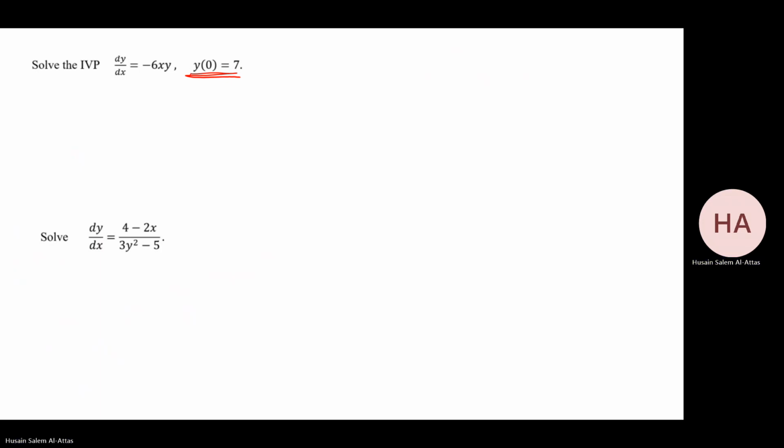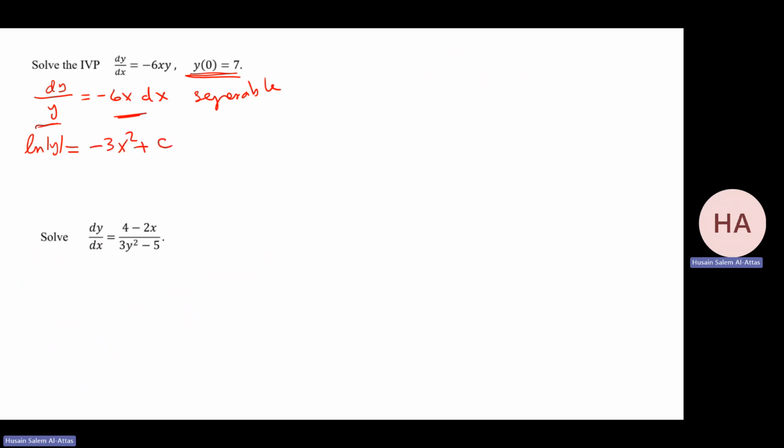So if you look at this one, I have dy over y equal minus 6x dx. It means what? It's separable. I separate the y on one side and the x on the other side. How to solve it? Integrate. So I have ln absolute value of y equals minus 3x squared plus c.